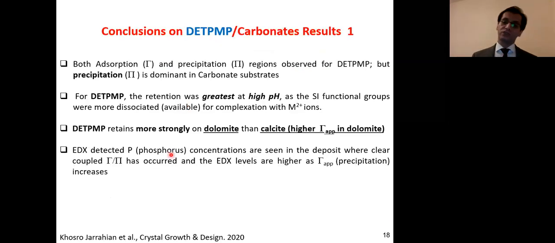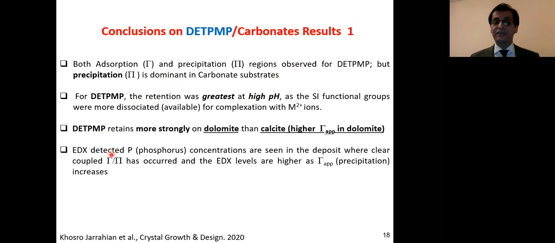Now, as a conclusion for this part, both adsorption and precipitation regions were observed for DETPMP in the carbonate system, but precipitation is dominant on carbonate substrates. For DETPMP, the retention was greatest at high pH, as the scale inhibitor functional groups were more dissociated or available for complexation with divalent ions, and DETPMP retains more strongly on dolomite than calcite.